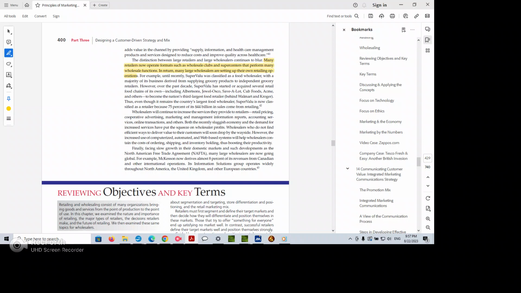Wholesalers will continue to increase services they provide to retailers, as in retail pricing, competitive advertising, marketing and management information reports, accounting services, online transactions, and others as well.